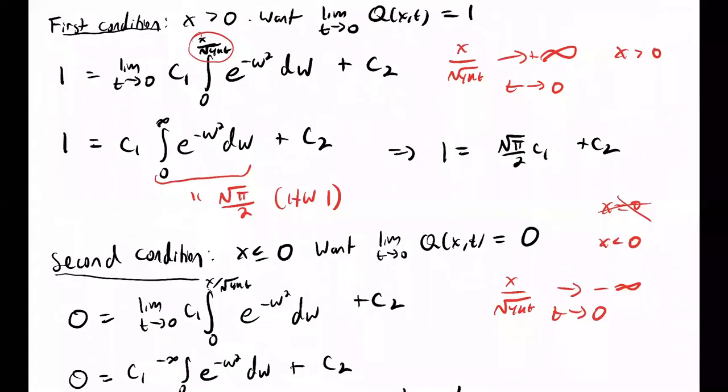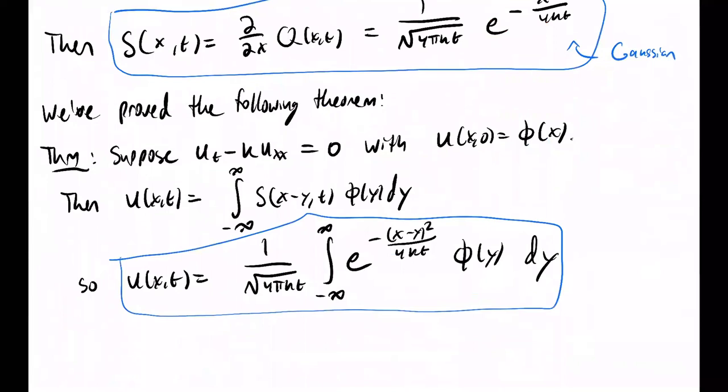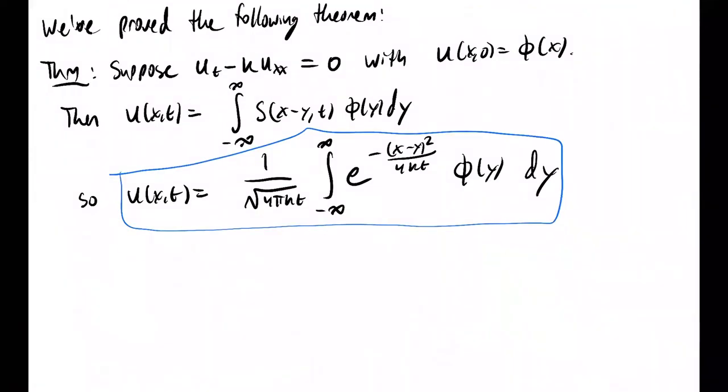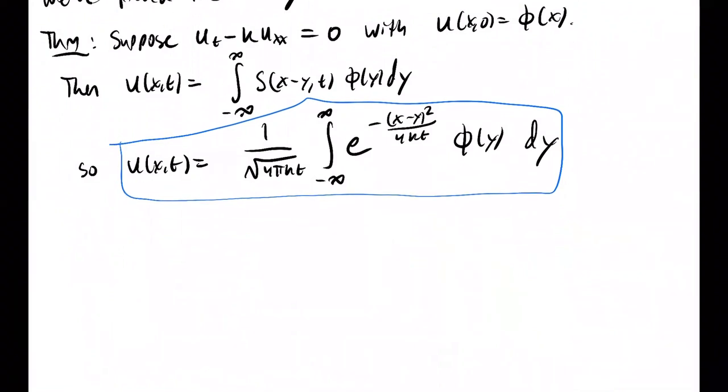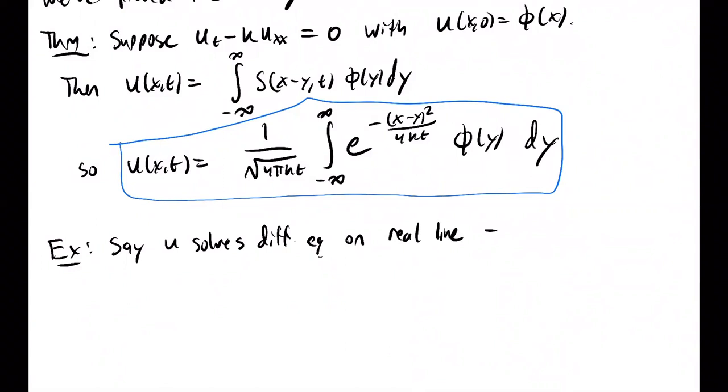So the good news, at least, is that now that we know the formula, you can at least abstractly write down what the solution to the problem is. So for example, let's suppose U solves the diffusion equation on the real line, where x is between minus infinity and infinity.